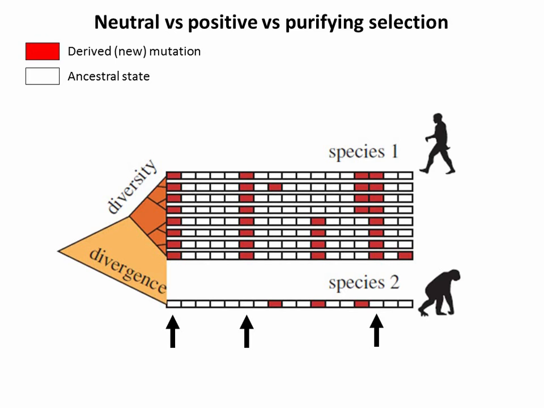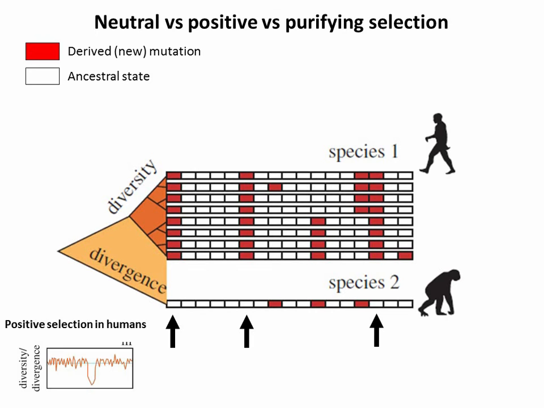Okay, so these are three sites potentially under positive selection. We can detect that because the diversity within humans is extremely low, which suggests that the derived mutation here has spread across the lineage, which indicates a positive or advantageous effect of this allele.